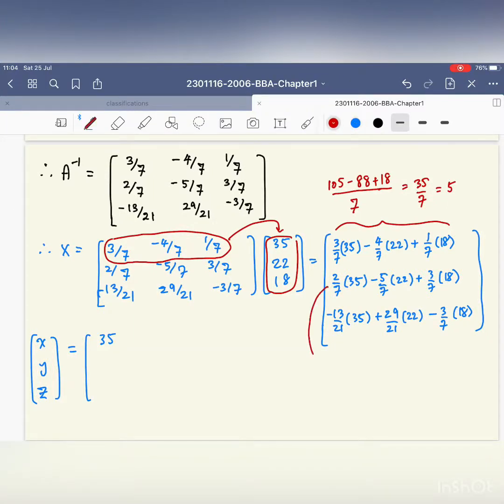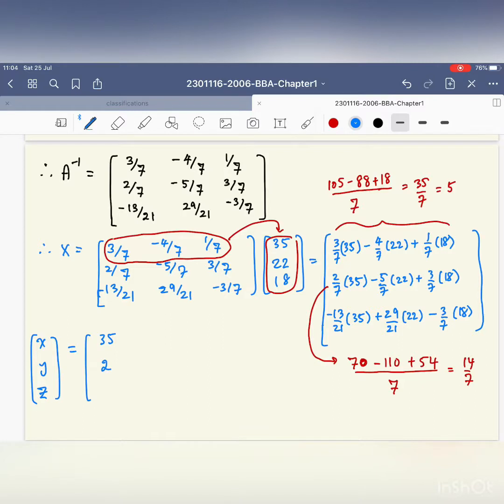Let us do it here. So it is 70. Again, it is over 7, right? And then minus 5 and 22, so it is 110, and 3 and 18, so it is 54. So it is 70 minus 110 added 54, so it happened to be 14 over 7, which is 2.